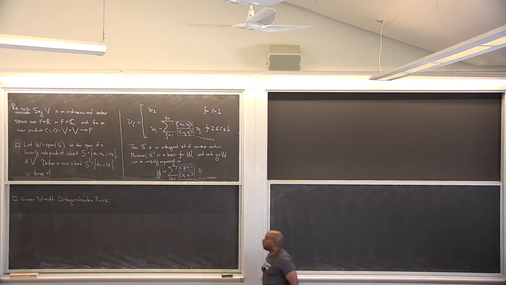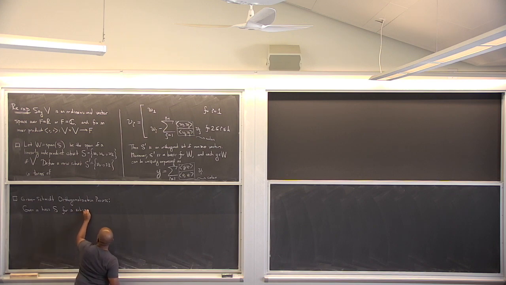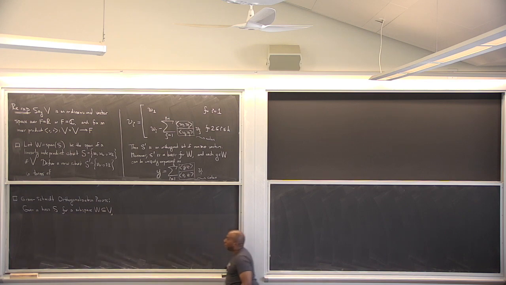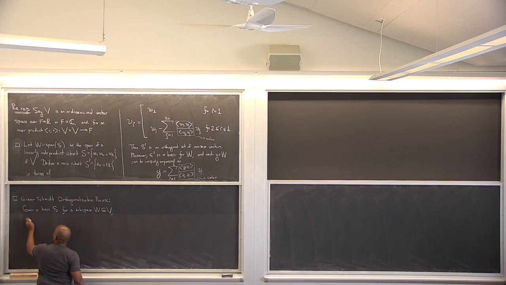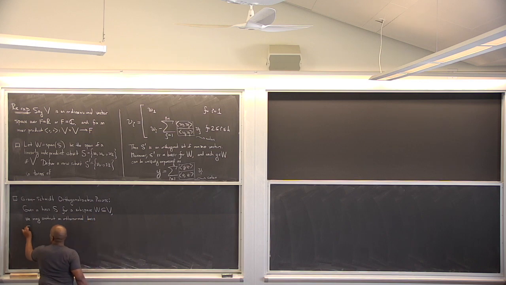So if we're given a basis S for a space W, then we can construct an orthonormal basis as follows. I'll call this S double prime.